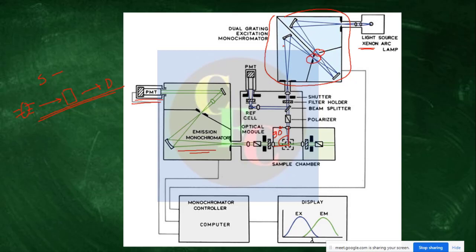You can just write monochromator; that will suffice. Light source to monochromator. Just remember that for a fluorimeter, you have to draw it such that the sample, the incident light and the emitted light are at 90 degrees. This is important in the case of this spectrophotometer.